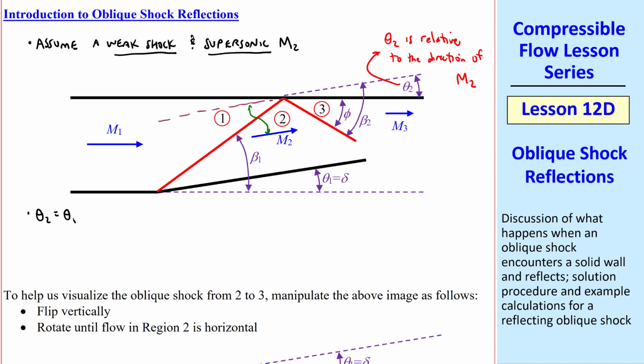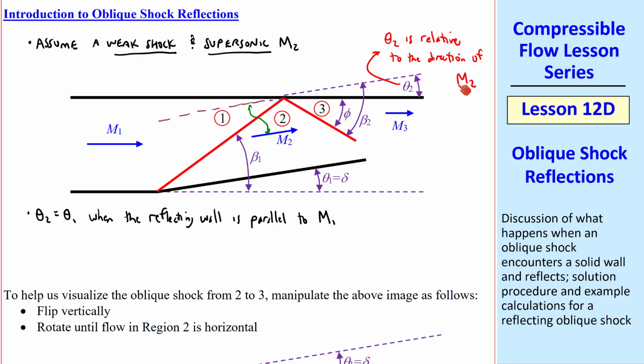So theta 2 equals theta 1 when the reflecting wall is parallel to the oncoming flow M1. If not, for example, if this wall were tilted at some angle, this would not be true, and you'd have to do a little trig to figure out what theta 2 is. We also know that since the flow has to be parallel to the wall after the reflected shock, M3 is parallel to the wall here.